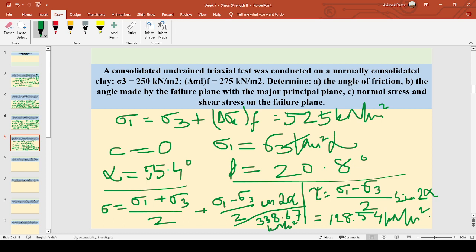So in this way we can obtain the normal stress and shear stress on the failure plane in a particular soil mass. I hope it is clear. I'll go to the next question.